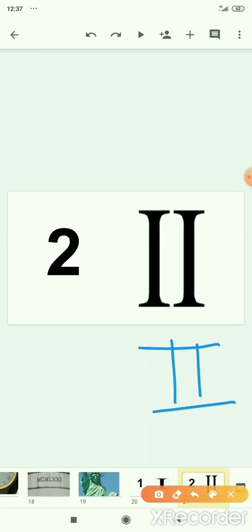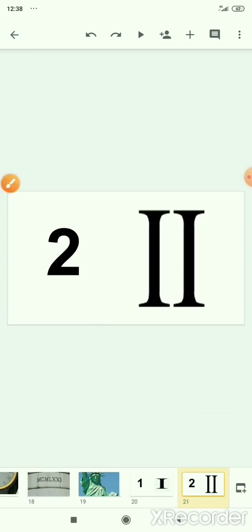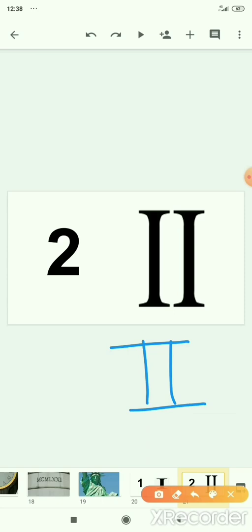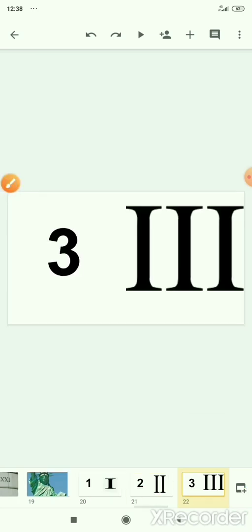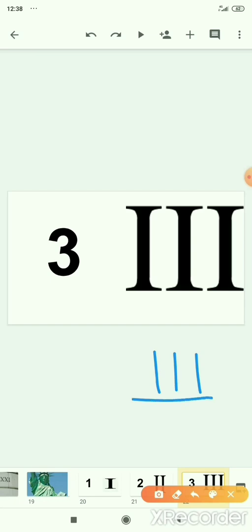6. In 6, I comes after V. When we write 4, I comes before V, then V denotes 5, and then 6. Here we have 6. Okay, 7. For 7, we add one more line to 6, and it becomes 7. For number 8, we add one more line to 7.